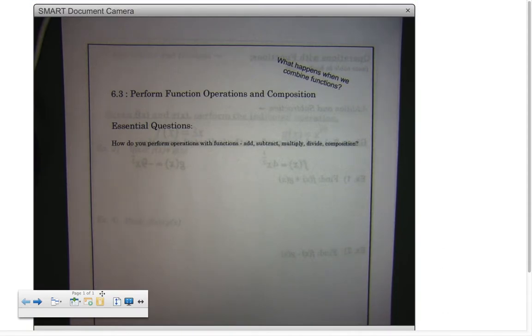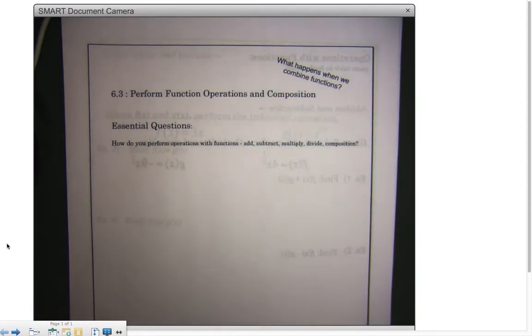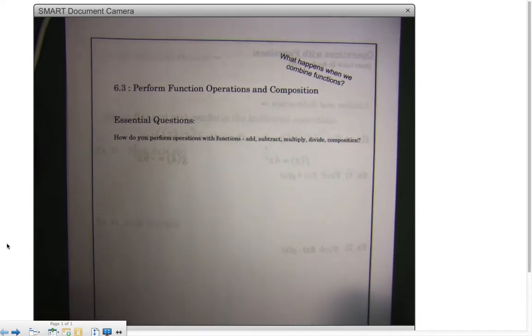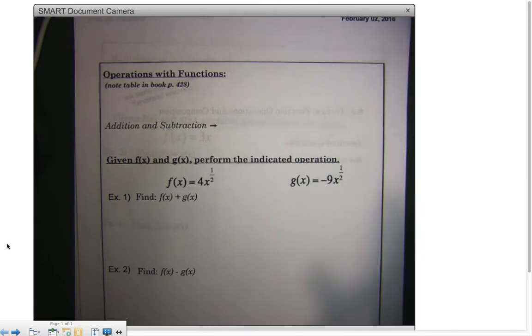All right, so we're going to be doing chapter 6.3, performing operations and compositions with functions. So remember that your operations are addition, subtraction, multiplication, and division.